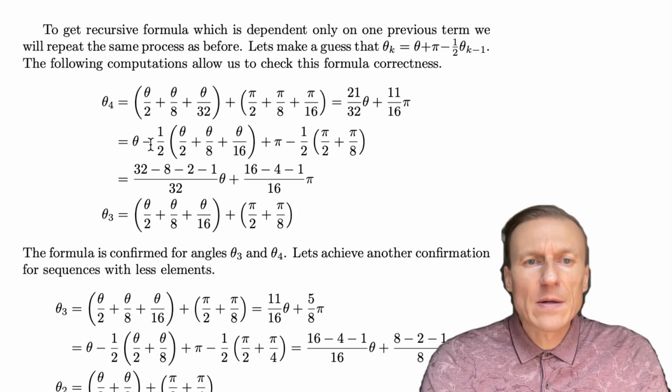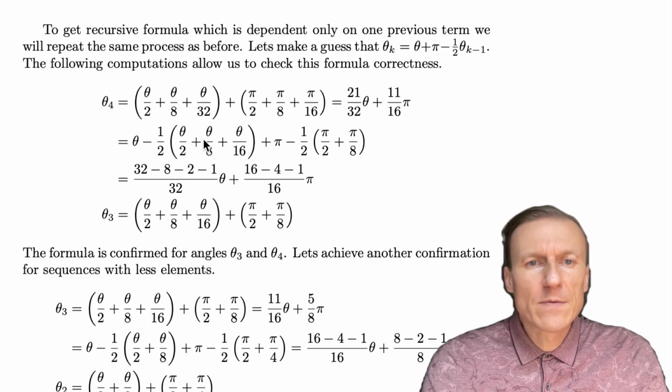So if I put this theta 3 result into the recursive formula and do the arithmetic, you can see that I will come to these rational numbers near theta and near pi.